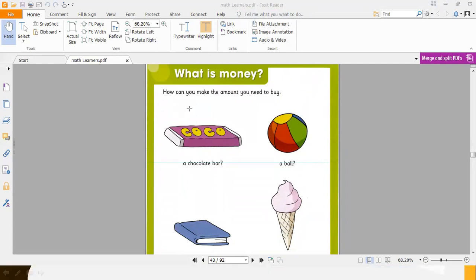The chocolate is for 4 reals. So how can we make this amount? We are going to make 4 reals.